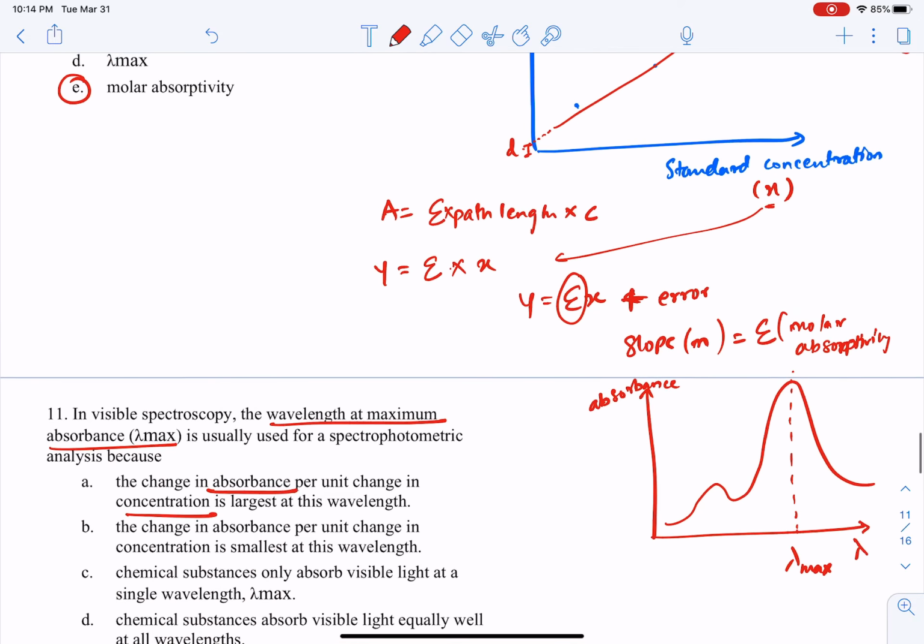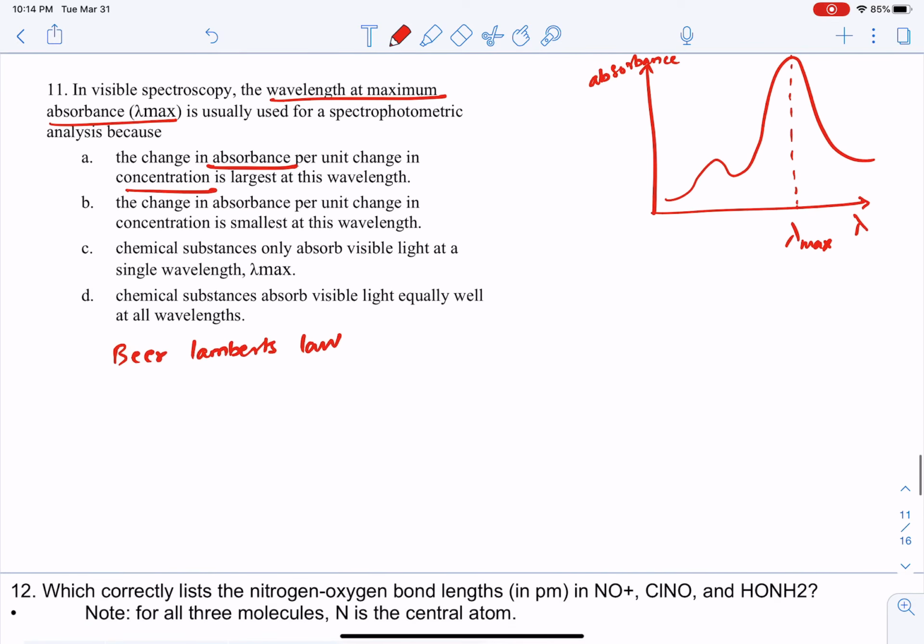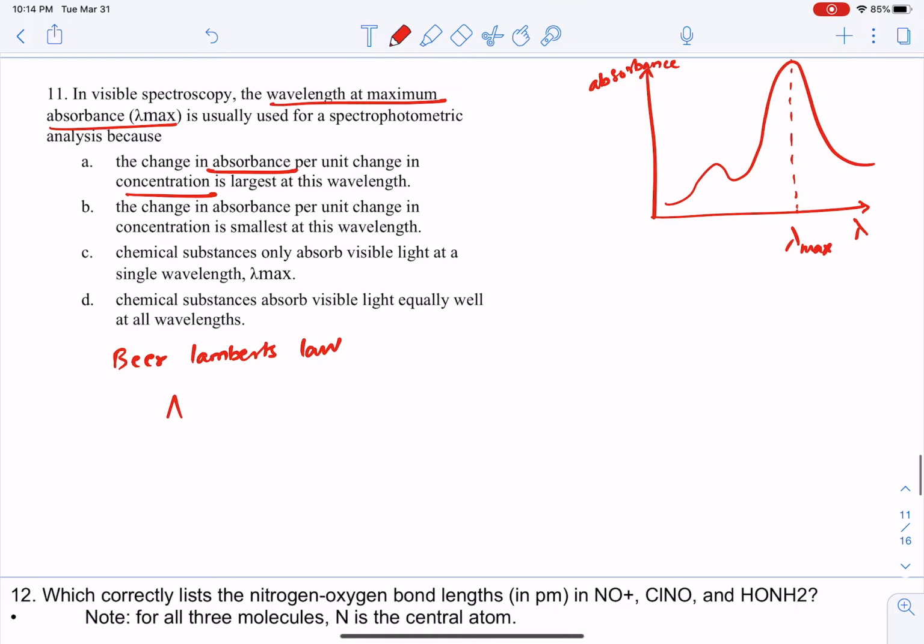I already wrote it here in short, so I will write it again: absorbance A = εbc, where b is the path length, c is the concentration, and ε is the molar absorptivity.